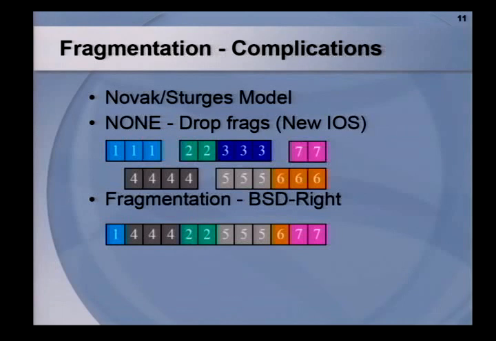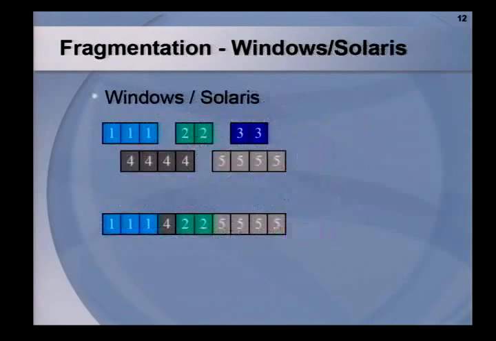One of the things that's interesting to know is that for BSD-right, the way it actually works is, if the fragment ends at the end of a buffer that already exists, then it will overlay that. It will only overlay it if it ends on a fragment that already existed. And then Windows and Solaris, their models are slightly different as well.